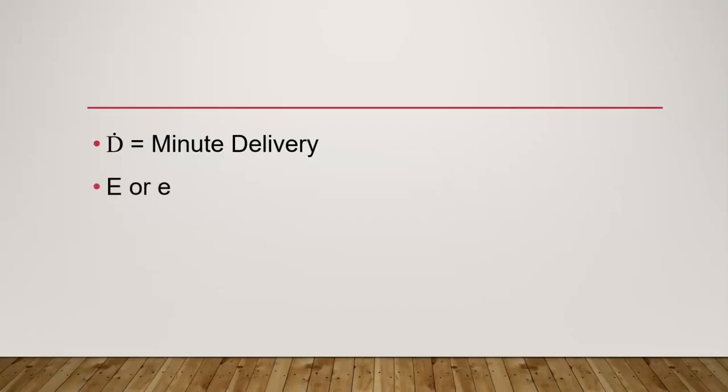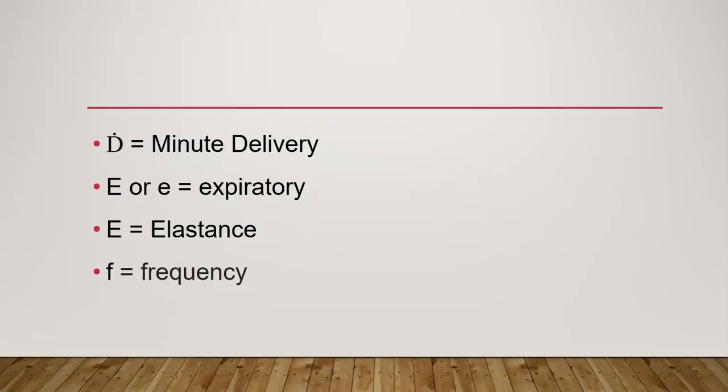Now, a capital E or a lowercase e stands for expiratory. How much are we exhaling? Capital E alone can also mean elastance. Lowercase f means frequency, how often something is happening. Usually the lowercase f is used for respiratory rate, or we call it frequency.